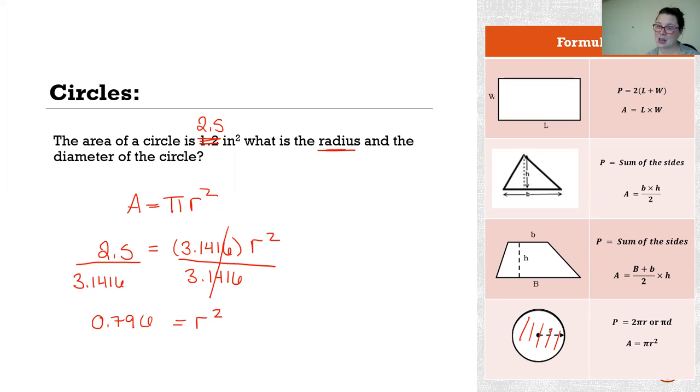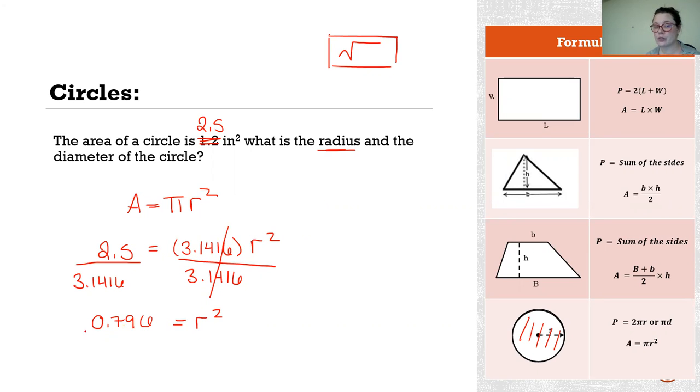Now, do you remember how to undo a squared? It's all right if you don't. The opposite of a square is a square root. Now, a lot of calculators put the squared button and the square root button right next to each other, or you just press shift and your squared button in order to get the square root. So look for your square root button. Your square root button on your calculator is the one, you would have used it back at the beginning, that looks like that.